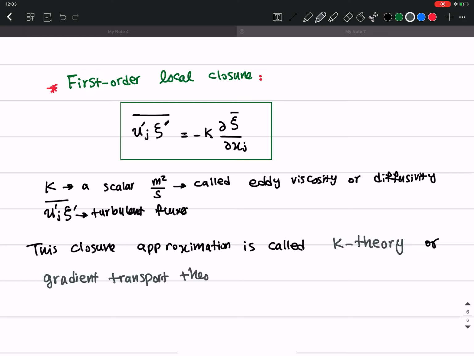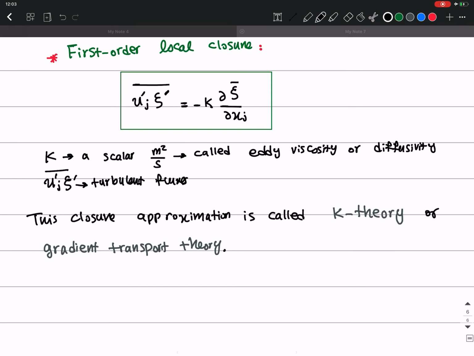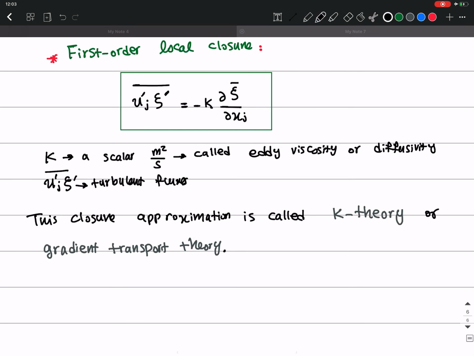It's one of the simplest closures, okay?